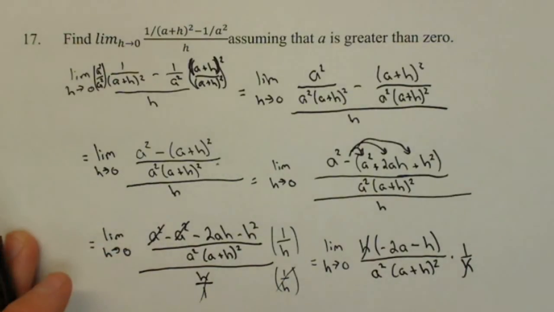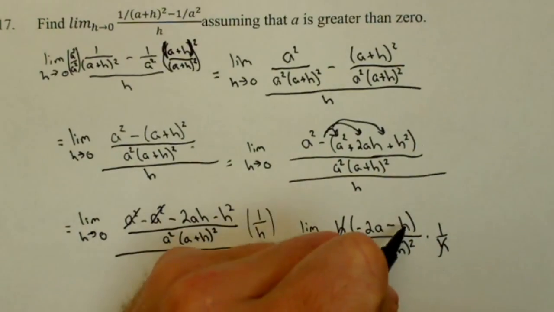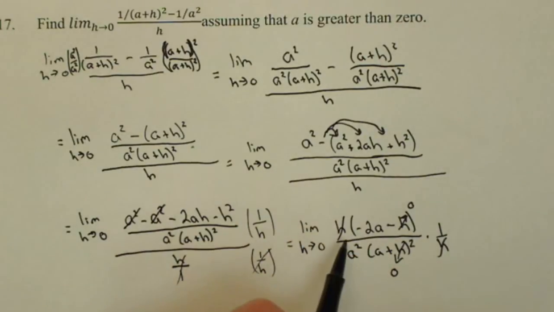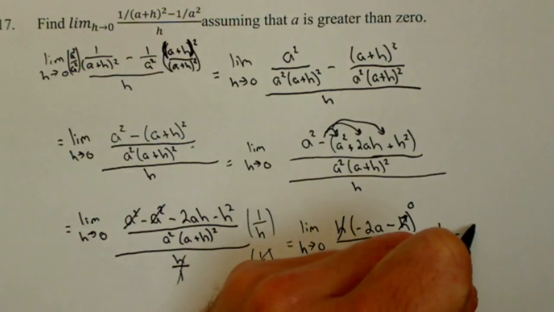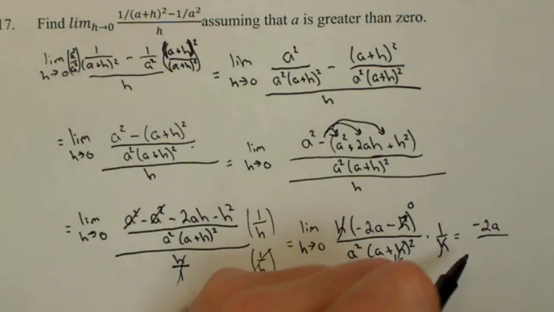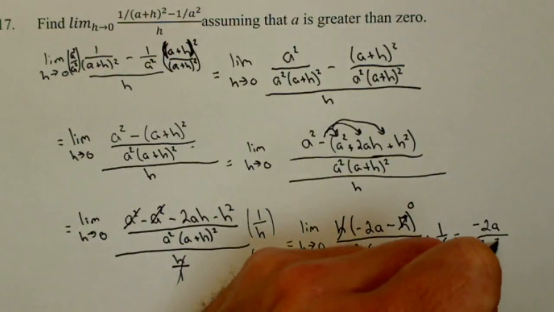Now I can plug in 0 for h without it causing 0 over 0. So if I set my h's to 0, look at what I have left. I have minus 2a over a squared times a squared.